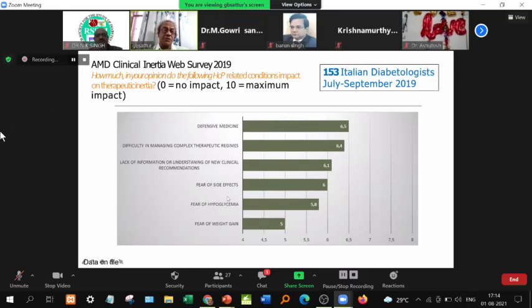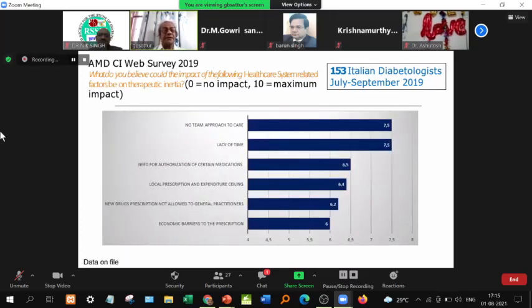And one of the most successful practitioners is he who gets a hypoglycemia case on the first day of his practice. The patient comes unconscious, you inject some glucose, he sits up, says thank you and runs out of your clinic. There can't be any better magic scene than that. These are all effects that really put a lot of fear in these physicians. Again, these are health system related.